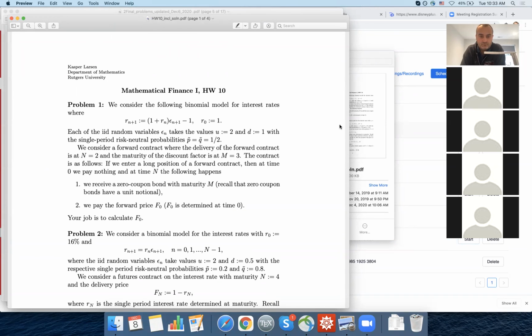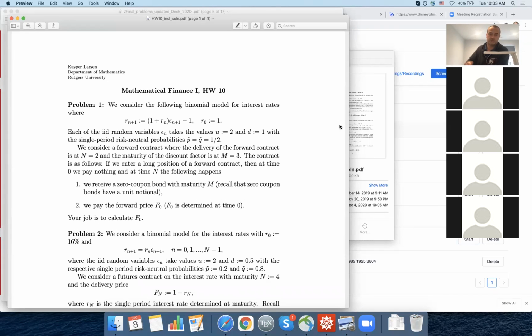In this question, we don't have the payoff at time capital M, and also the forward start at capital N, and the F0 is determined at time 0. So I was confused about that.